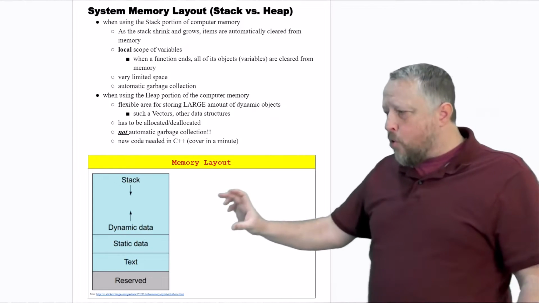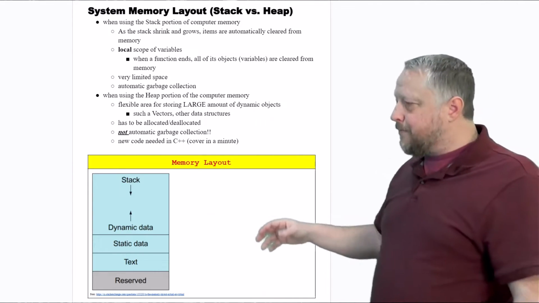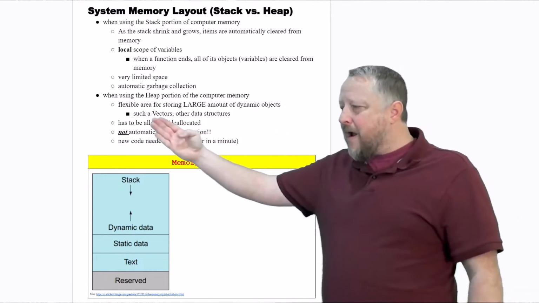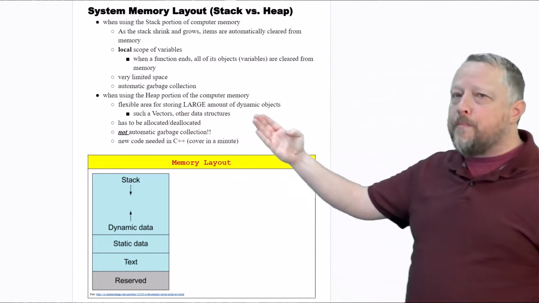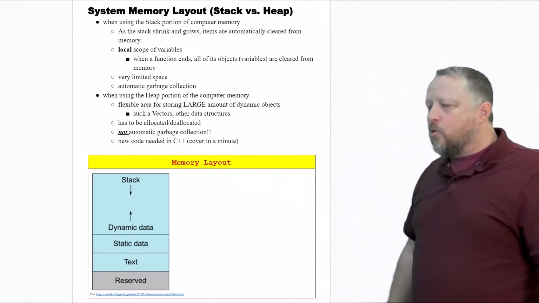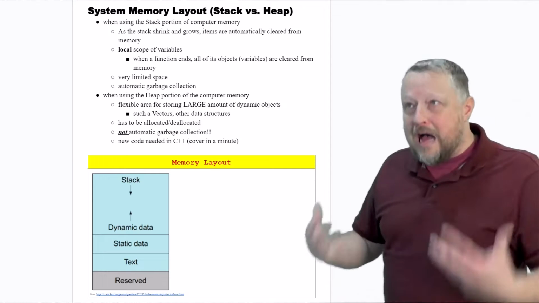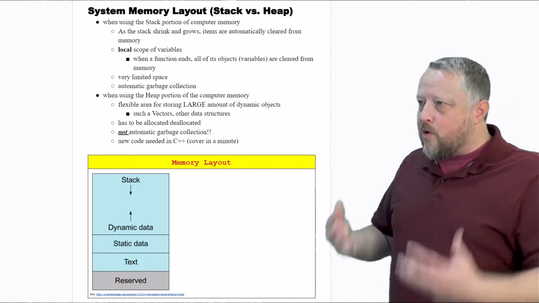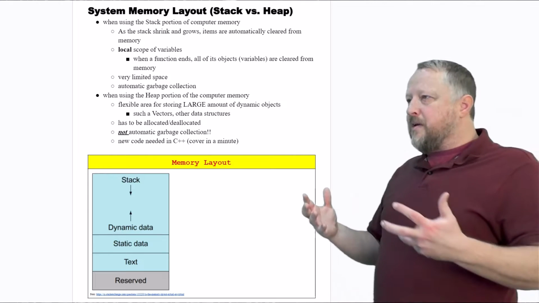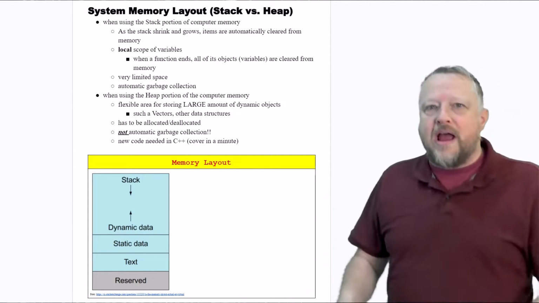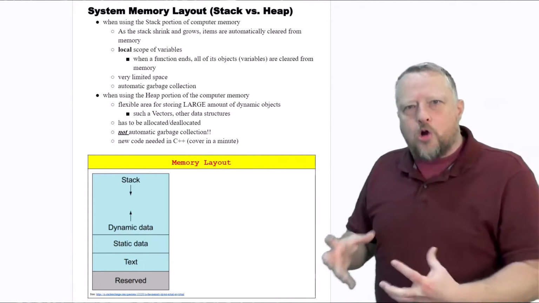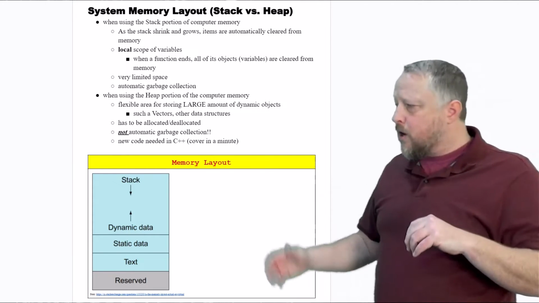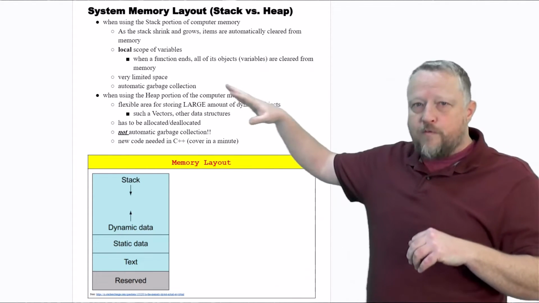The heap portion, which is the dynamic portion, that's an area for storing large amounts of data or dynamic objects. So these are going to be not just your arrays, but they're going to be your objects, your array of objects, your larger data types that you're going to hold. So these are function calls and local variables, stuff like that.